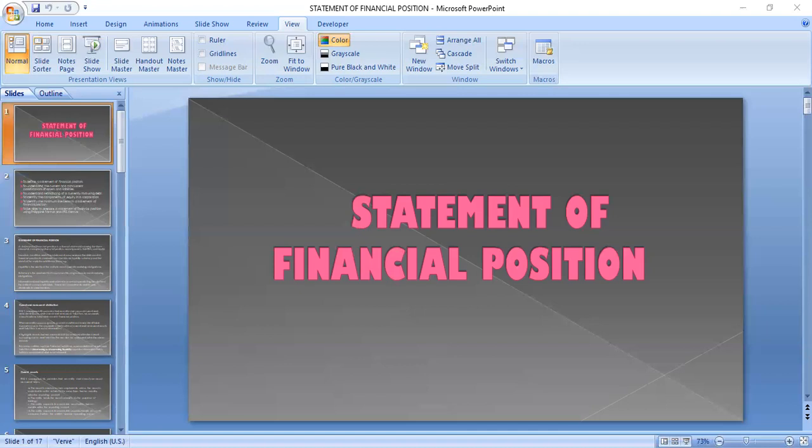So we have now the current assets classification. An entity shall classify an asset as current when, A, the asset is cash or a cash equivalent unless the asset is restricted to settle a liability for more than 12 months after the reporting period.